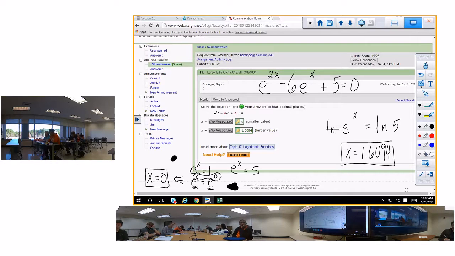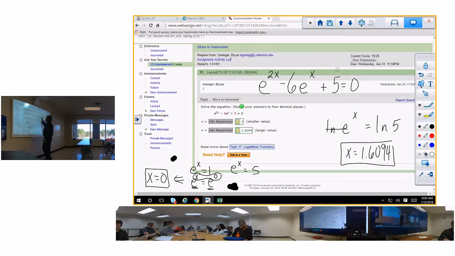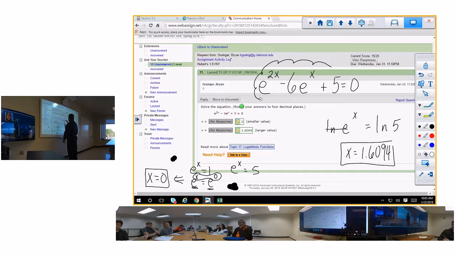Everybody put this in your notes, because we did a u substitution the other day, didn't we? So this is the second u substitution we've done, and you should understand how to do u substitution.